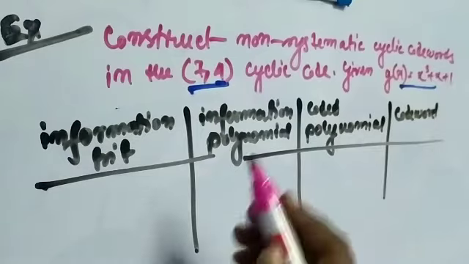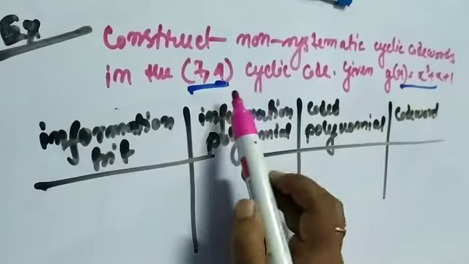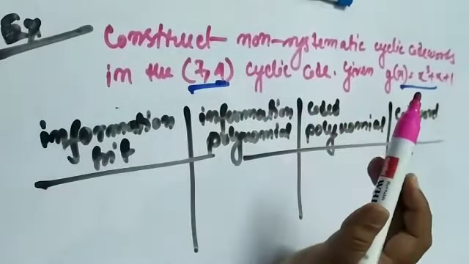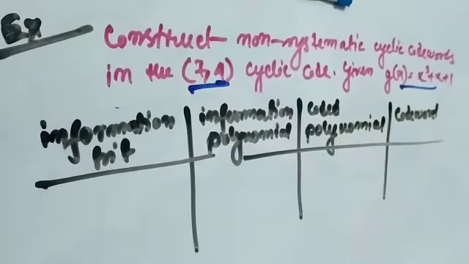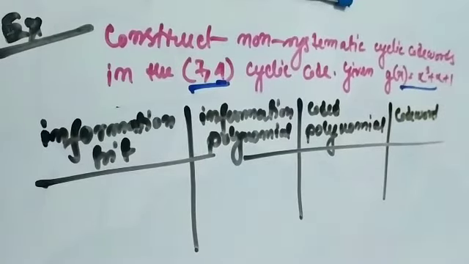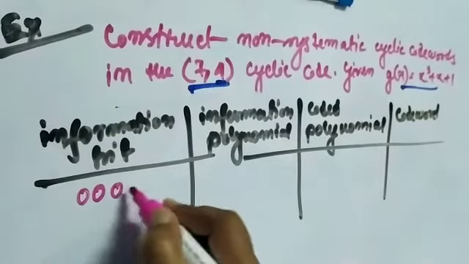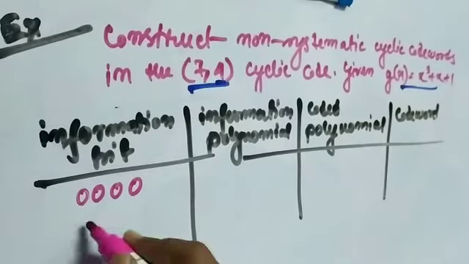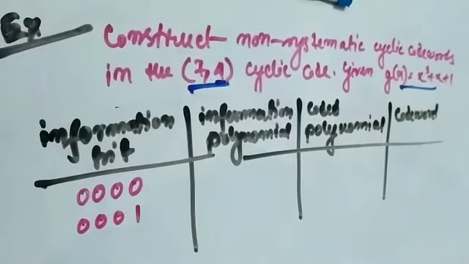So as you can see here, in the 7/4 cyclic code, 4 is the information bit. Therefore, for each case, the information bit is 4. Now, if we arrange the bits, it starts from 0, 0, 0, 0. Always any binary bit pattern starts from 0, 0, 0, 0. Then it should be 0, 0, 0, 1.